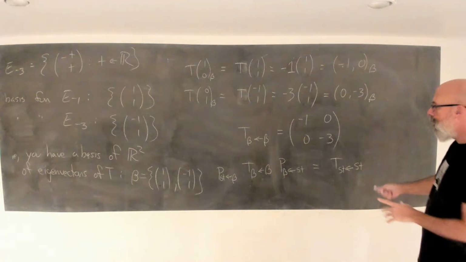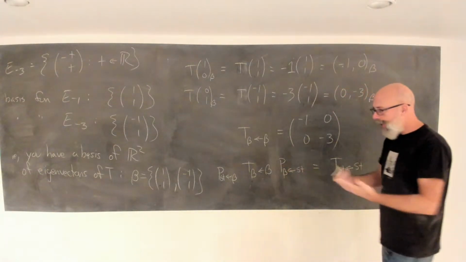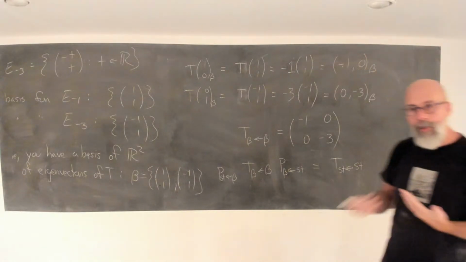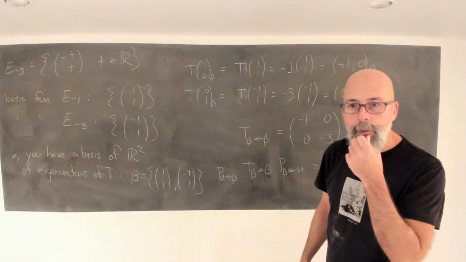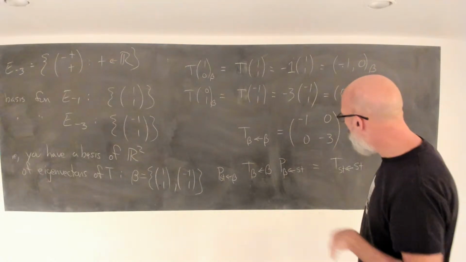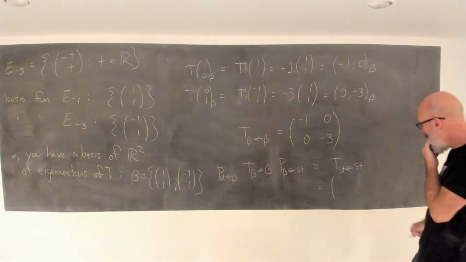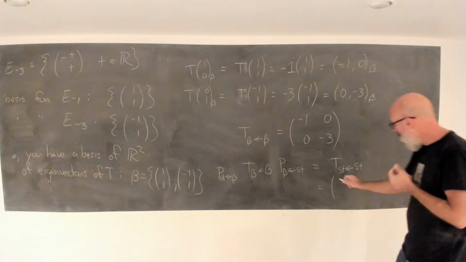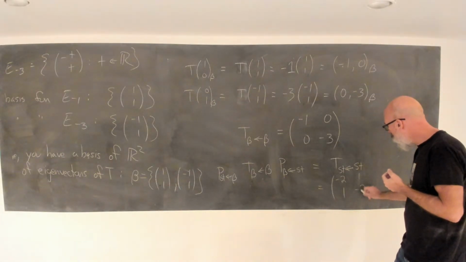So there it is. That's the idea. The idea of diagonalization is just a representation. So this shows us the relationship between the two transformations and eigenvalues. Here we had, what did we have again? This was -2, 1, 1, -2.